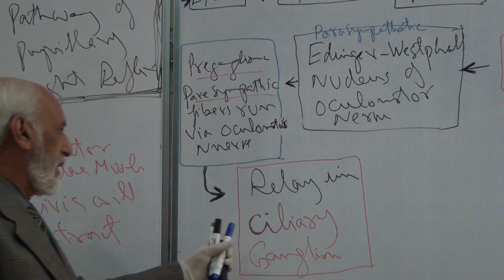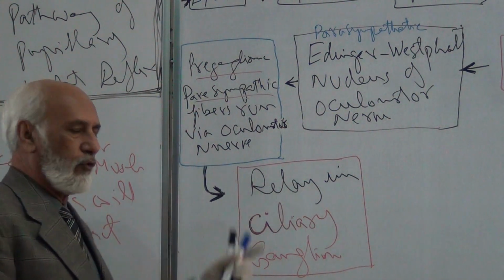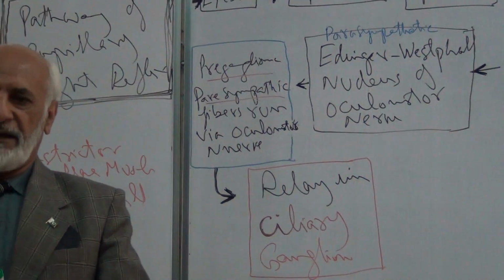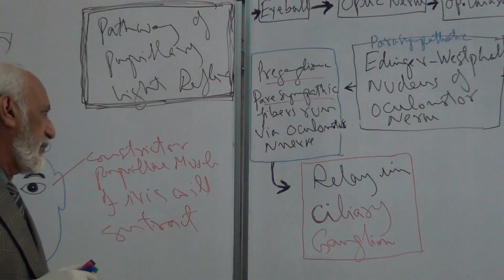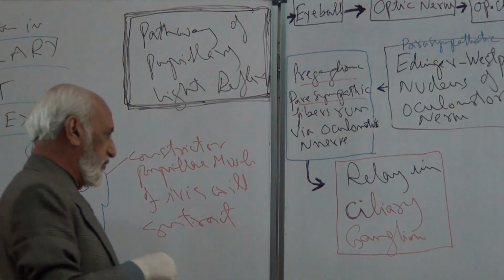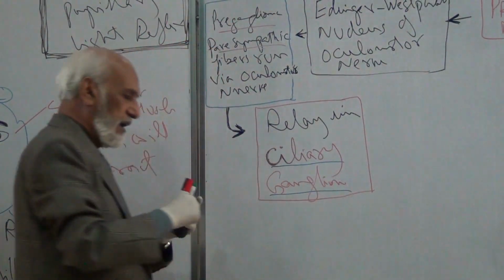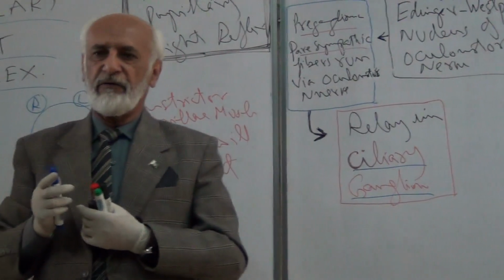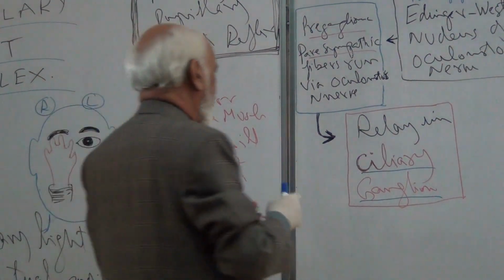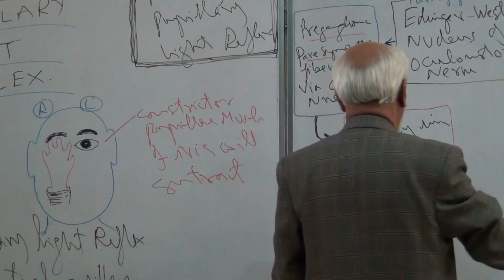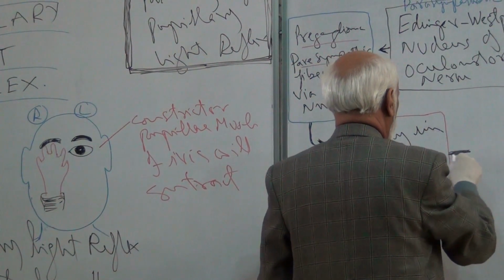So they run through the oculomotor nerve and enter the orbit. In the orbital cavity there is a parasympathetic ganglion known as the ciliary ganglion. It is a small ganglion nearly equal to the head of a paper pin. Now from the ciliary ganglion, postganglionic parasympathetic fibers arise.